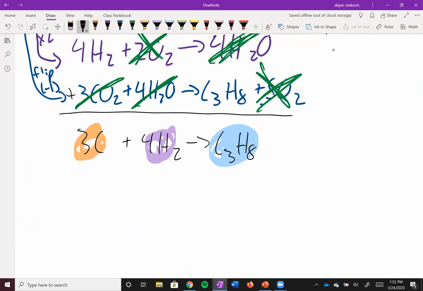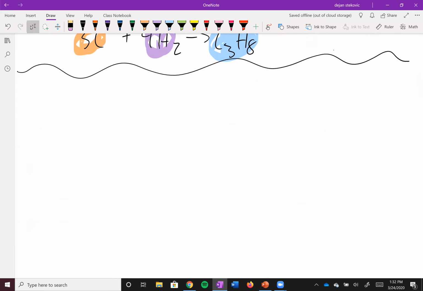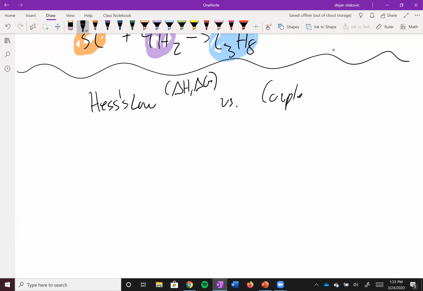Final thing, just don't get confused between Hess's law here and the coupled reactions we did in the equilibrium chapter. So if you think about Hess's law, this is the delta H, delta G type of thing. And then if you think coupled reactions or coupled equilibria, okay, we did kind of the same functions, right?